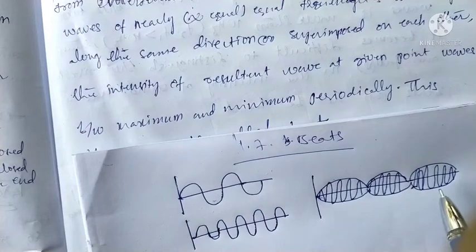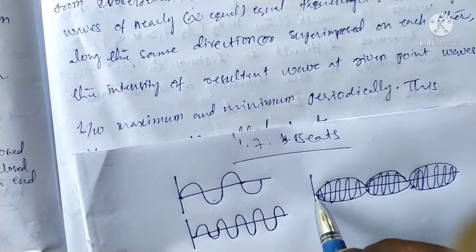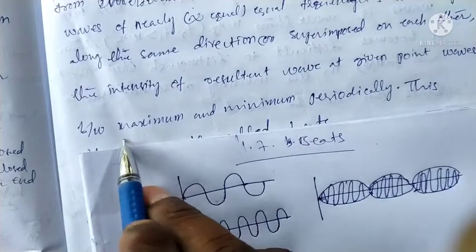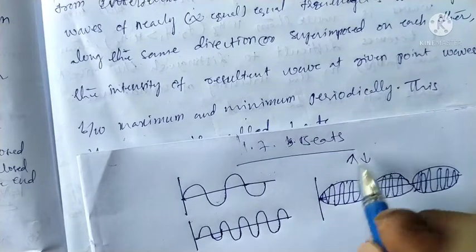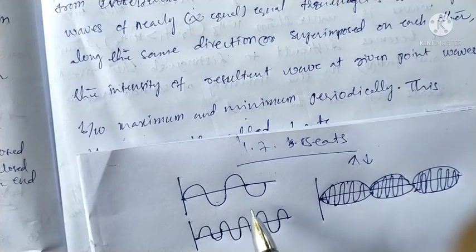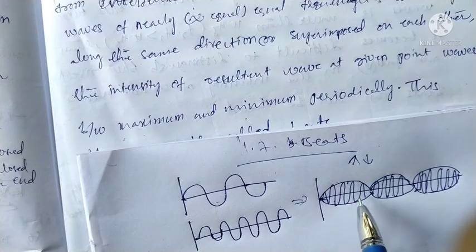That means minimum, maximum, rising up and down. In this phenomenon, the two waves interfere. Interference means superposition of two or more waves, and the resultant displacement gives a resultant wave. This type of phenomenon is called beats.